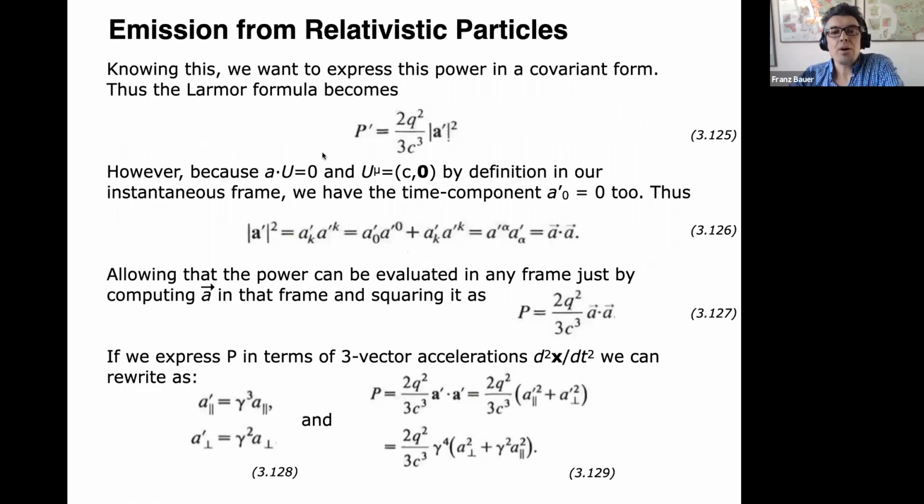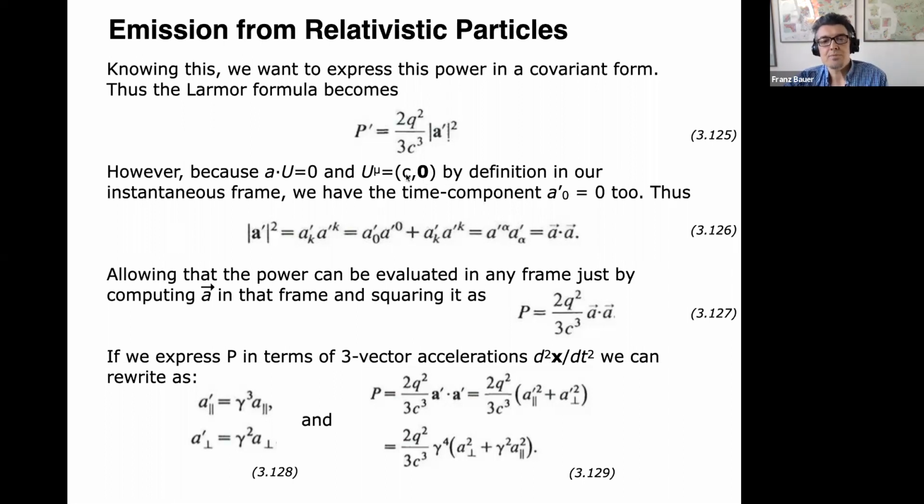We had our original Larmor formula, which looked like this, and we want to rewrite it in terms of our new definitions of A. In our definition, we always had that the acceleration should be perpendicular to the velocity, so the dot product of these would be 0. This is akin to this type of forward velocity, just c and then 0.